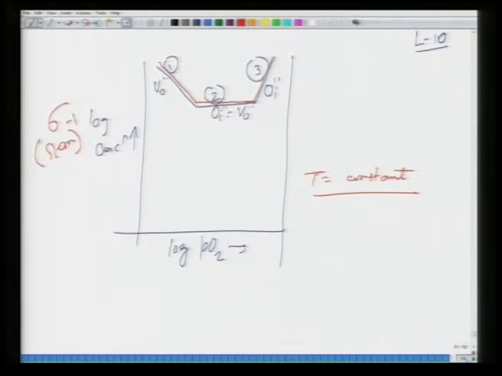Now, what we will do is look at the comparative performance of a couple of oxides versus oxygen pressure. What happens in two different materials, let us say at different oxygen partial pressures.